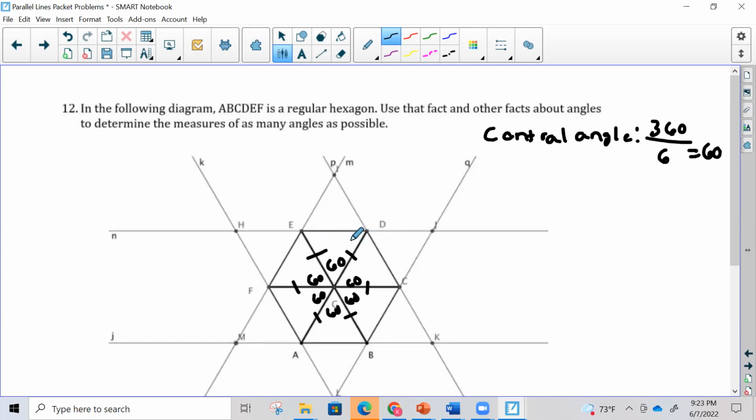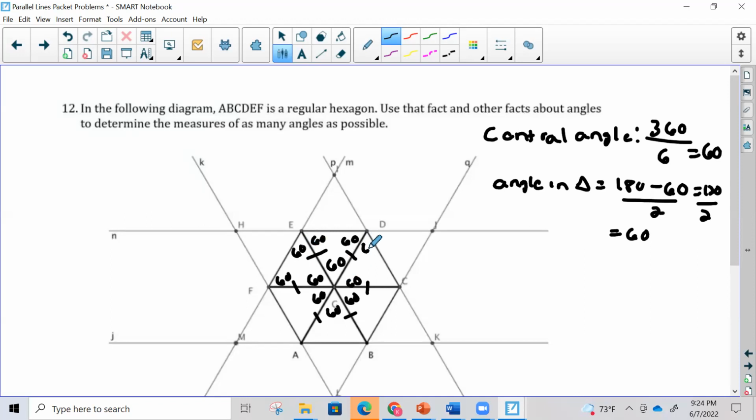The triangle adds up to 180, so 180 minus that 60 is 120, and I divide that by 2 to get 60 degrees. So these are 60. You could also tell that with one angle 60 and two sides equal, the base angles have to be equal, and this is then an equilateral triangle with all angles 60.